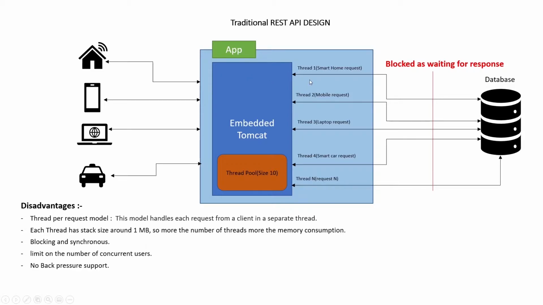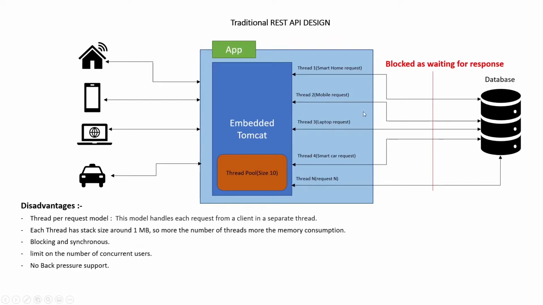This request has now reached our repository layer, and the thread has made a query to the database to get the response which has the user details. Now assume there are multiple clients making multiple requests. All are going to our app, and for each request Tomcat is assigning one particular thread which is responsible for executing that request end to end, right?